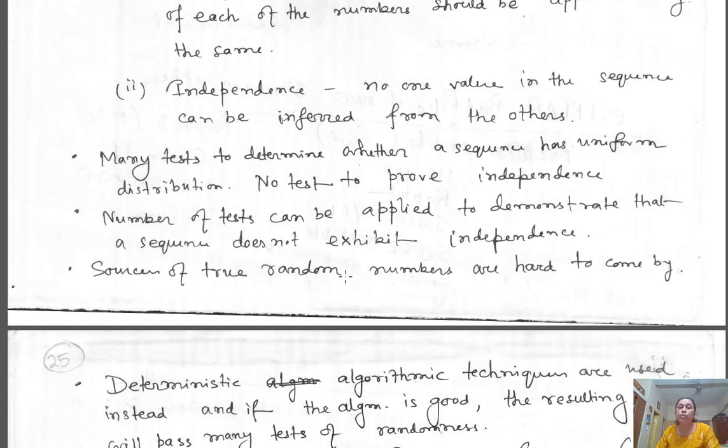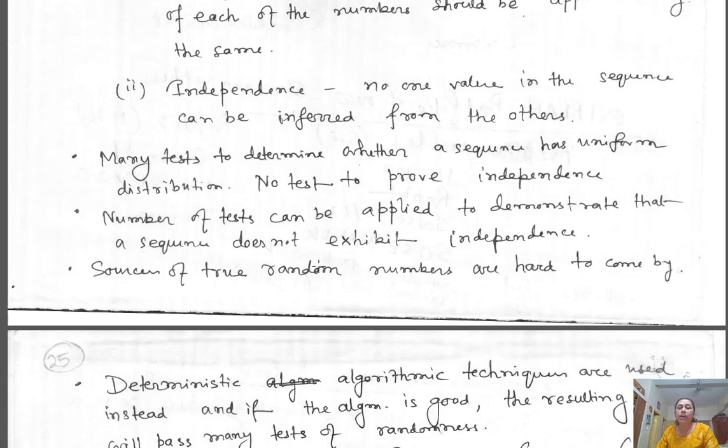The sources of true random numbers are hard to come by. We have already mentioned this. Truly random number generation is very hard.